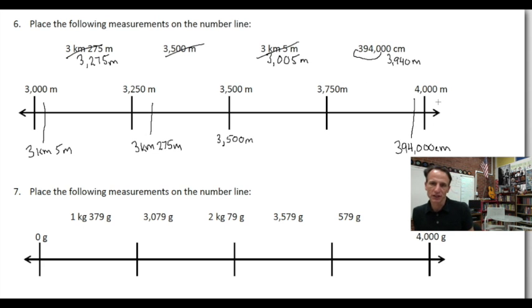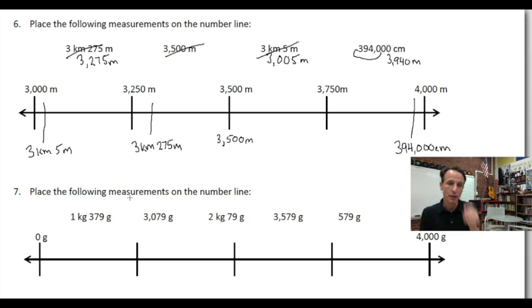So if that makes your brain hurt a little, what you can do is draw out a place value chart and then basically divide by 100. If you divide by 10 and divide by 10 again, that 394,000 becomes 39,400, and divide by 10 again, so you're dividing by 100 altogether, you get 3,940 meters.